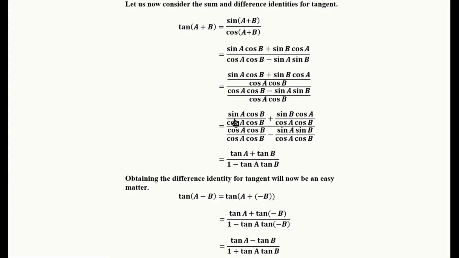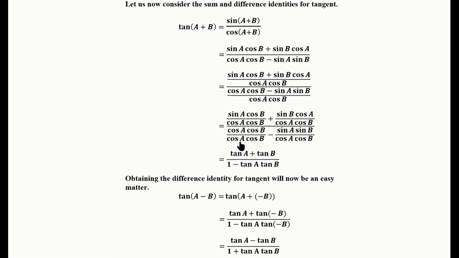Now we notice here that this sine a over cosine a will give us tangent a, and notice that the cosine b's cancel out. Plus, on this side, notice that this time the cosine a's will cancel out, and we're left with sine b over cosine b, which is of course tangent b.